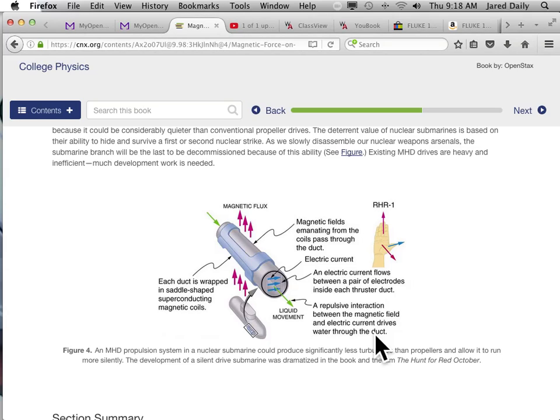It creates some kind of effect in the metal and corrodes the metal rapidly. So they have to invent new metals before they can create a submarine drive that is magnetohydrodynamic, whatever they call it.